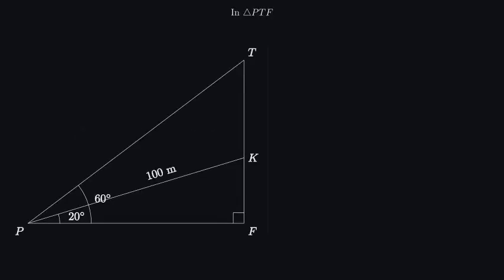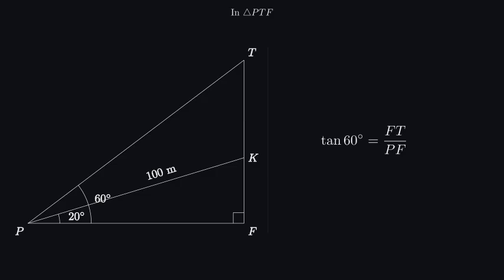Now use the larger triangle, PEF, to find the full height of the tower, FT. With respect to the angle 60 degrees, FT is the opposite side, and PF is the adjacent side. So we use tangent. Substitute PF equals 93.97 meters. To make FT the subject, multiply both sides by 93.97.